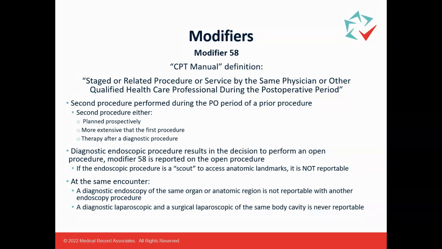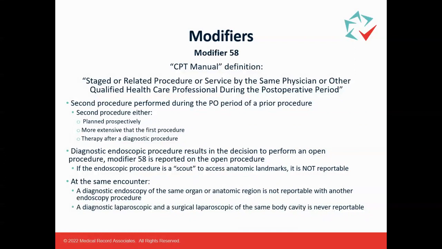Modifier 58, again, your CPT manual definition is listed here for you. It's a staged or related procedure or service by the same physician or other qualified healthcare professional during the post-op period. The second procedure is performed during the post-op period of a prior procedure. It's either planned prospectively, more extensive than the first procedure, or a therapeutic procedure after a diagnostic procedure.